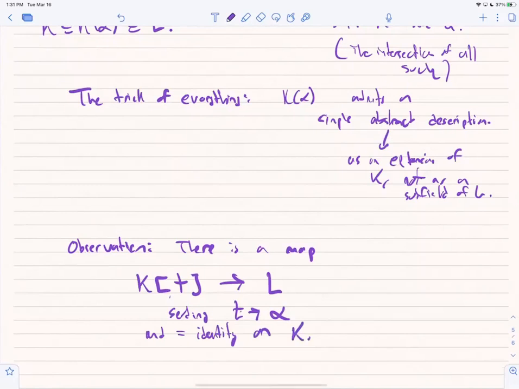and equal to the identity map on K. So if I think of K as being a subfield of L, and I also think of K as just being the constant polynomials inside of here, then the induced map is just the identity on that. And this is just the universal property of polynomial rings.